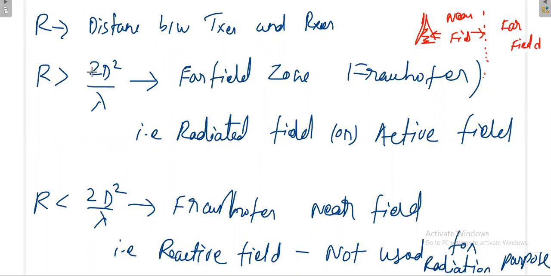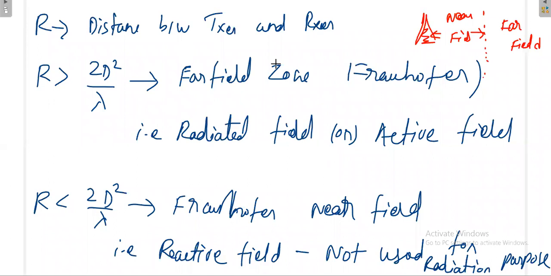If r is greater than 2D squared by lambda, then you are in the far field, the Fraunhofer far field zone, where you get the radiated or active field. If you are within the near field region, you will get the reactive field. You will not get actually useful field, only some reactive power, so it is not used for communication purposes. Only the radiated or active field is used for communication.